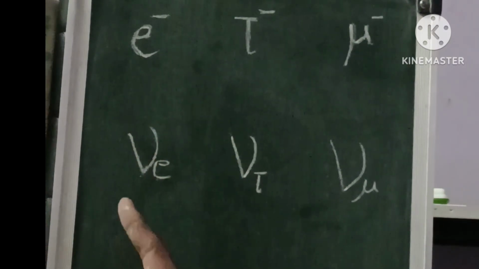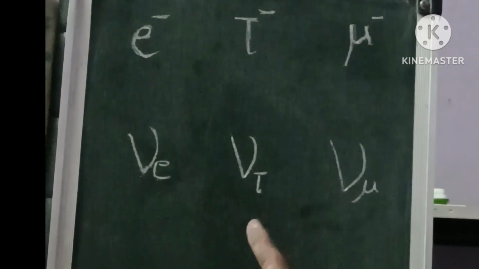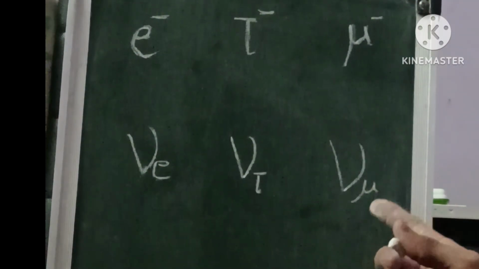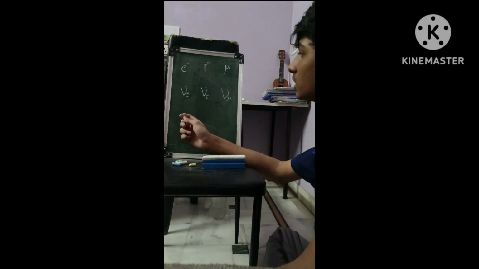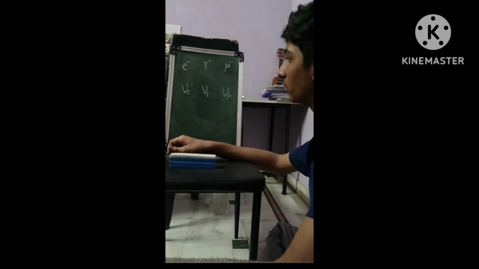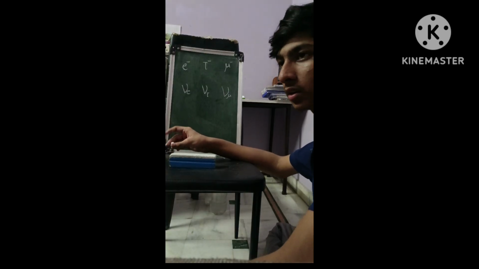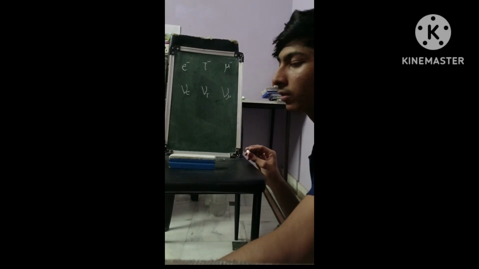Like electron neutrino, tau neutrino, muon neutrino. These neutrinos are called ghost particles because they only interact with weak forces and gravitational forces. They don't interact with strong and electromagnetic force.